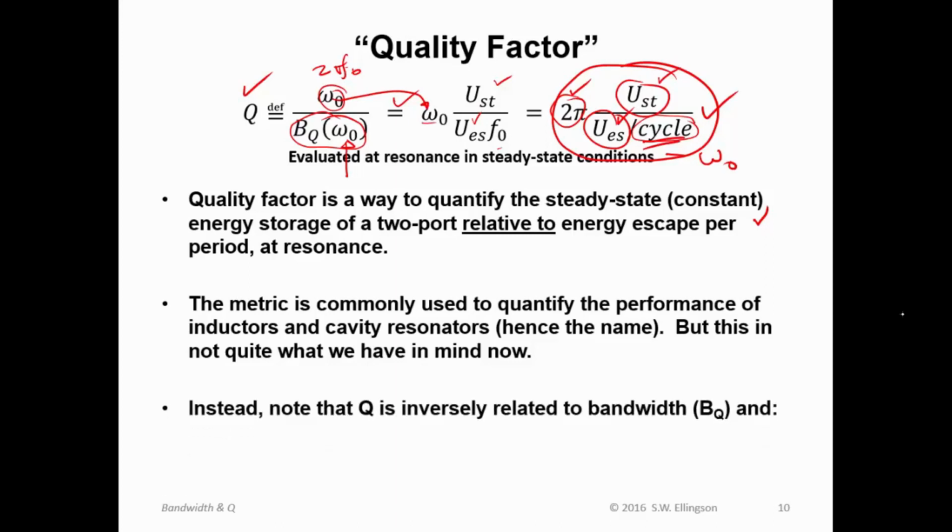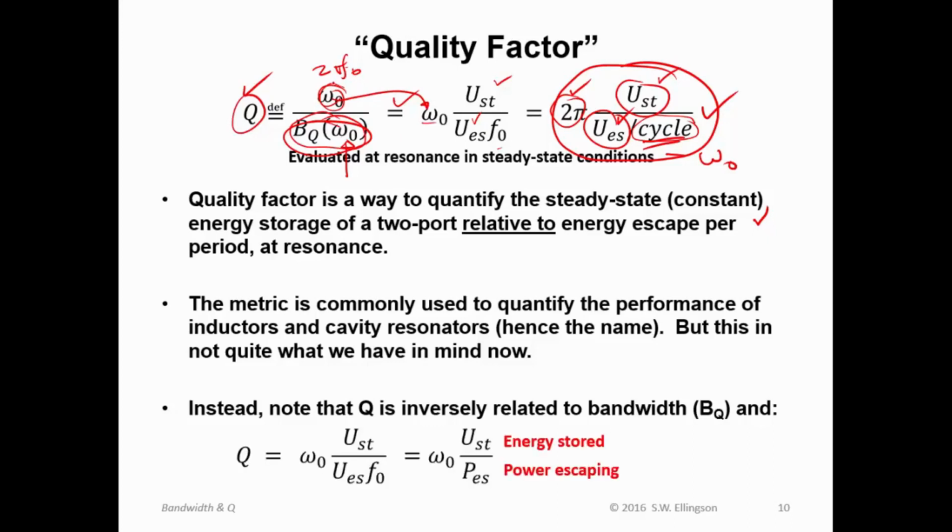Instead, note that Q is inversely related to this bandwidth, B sub q, right? We see that here. We see Q here, we see B sub q here, and as far as we're concerned, omega naught can be a constant of proportionality. So we see that the larger B sub q is, the smaller Q should be, and vice versa. So now we see that there is a fundamental relationship between Q and B sub q.